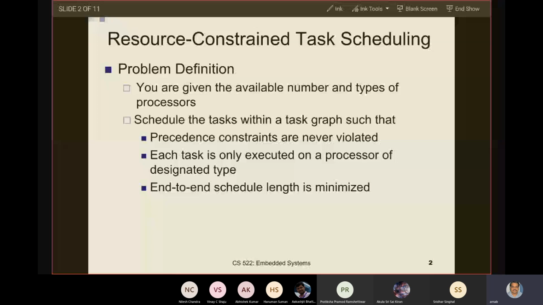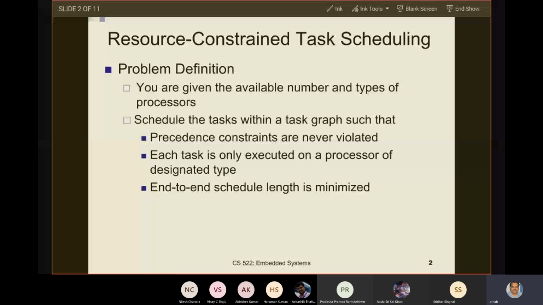Given this, we have to schedule the tasks in the task graph such that the total length of the schedule is minimized. So the total time required to execute all tasks in the application or controller is minimized. This is the objective.